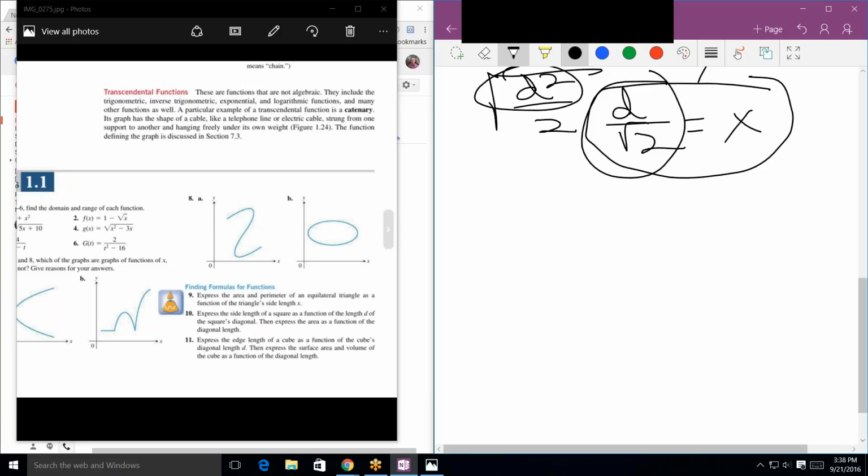How do you rationalize it? Well, you multiply it by the number 1. But in this case, the number 1 is going to be the square root of 2 over the square root of 2. That's the number 1.